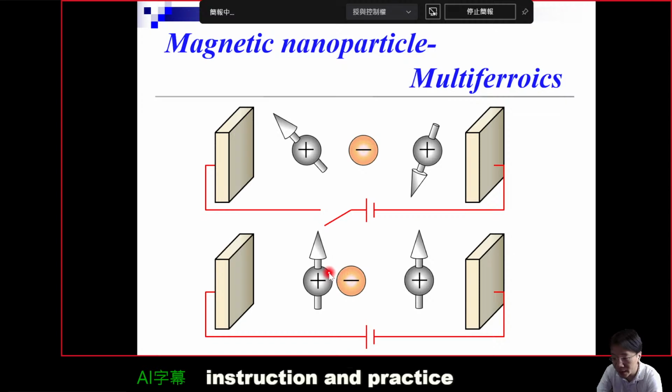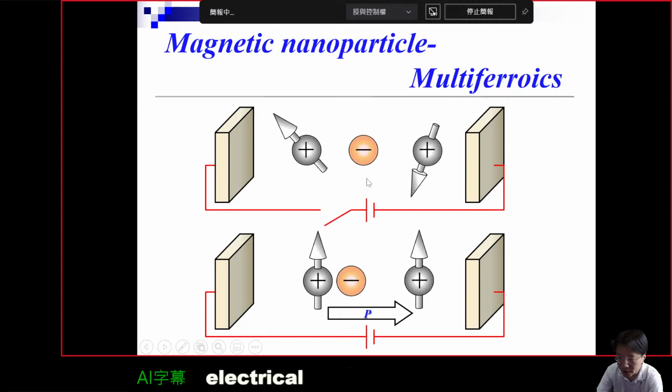But at the same time, these two positive charges will get closer and they will influence each other. So the spins will try to align parallel. So we can virtually treat this phenomenon as when we apply an external electric field, the magnetic moment would increase.